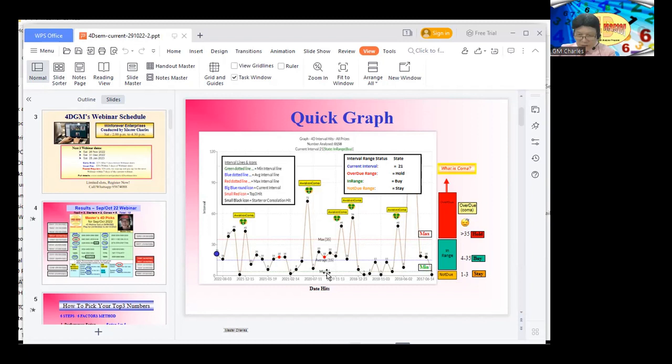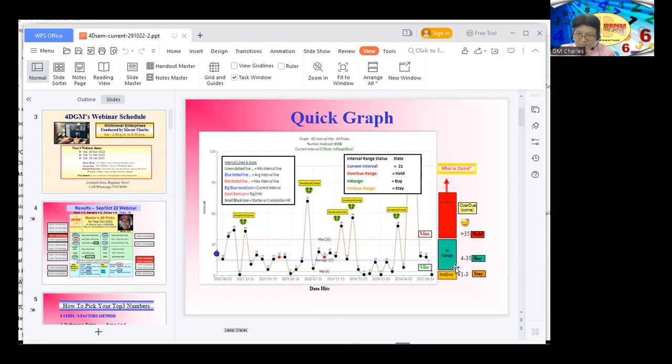After that, when the number is at interval 4, between interval 4 to interval 35, the average line is stated here, 4 to 35, we consider it in range. So in range is the interval you should look for. When you want to select a number, you should select a number which is in range.